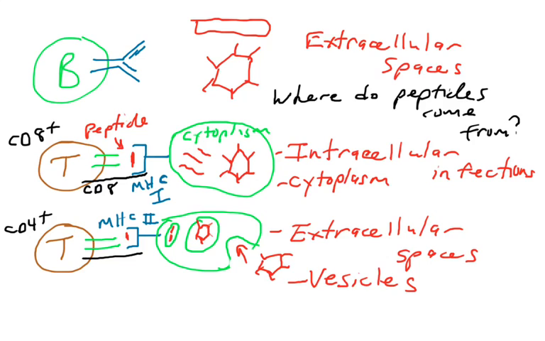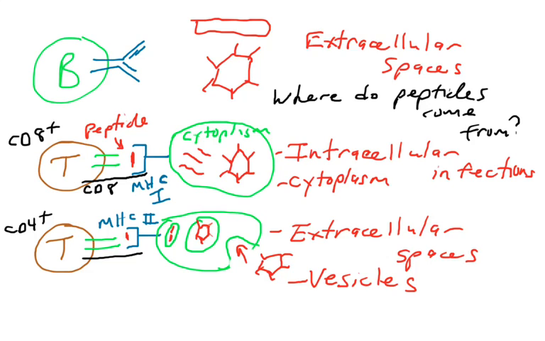So really, when we talk about where CD4 cells look for their pathogens, the source of those pathogens is the extracellular spaces. Those pathogens are brought into the vesicles of these antigen-presenting cells, and then the peptides are shown to CD4 positive helper T cells.